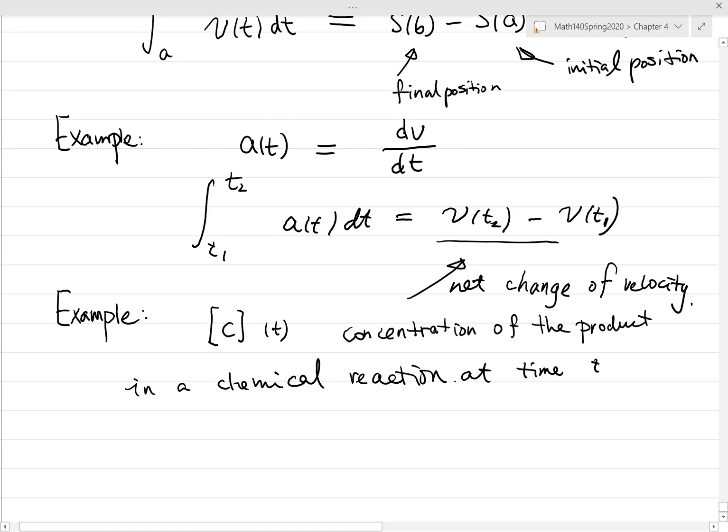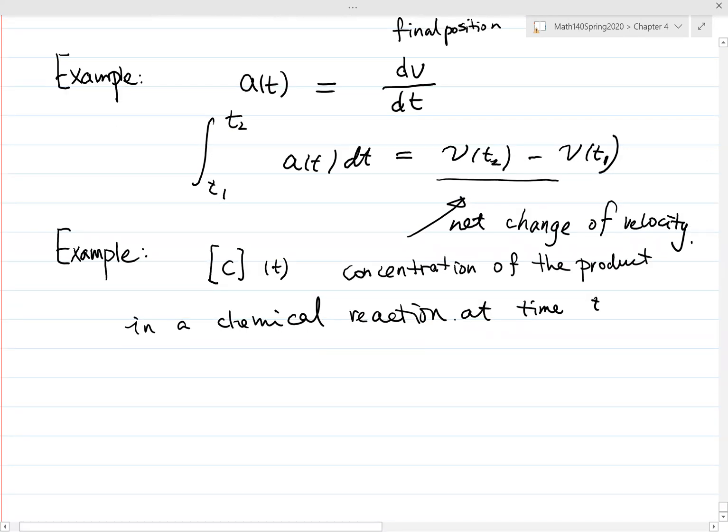Now how fast a chemical reaction is, we measure by the rate of change of the concentration.